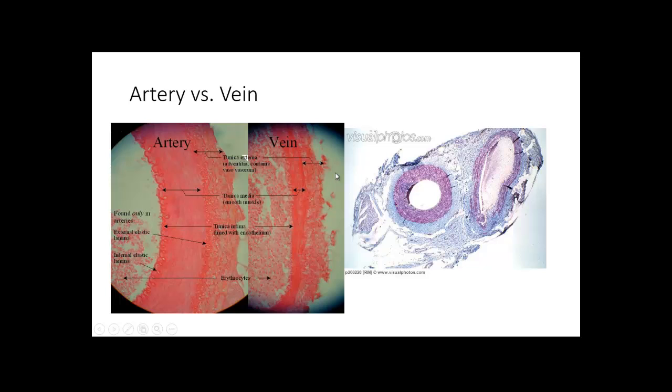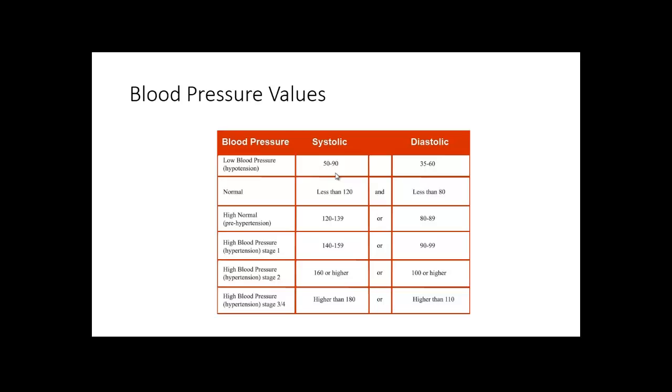So looking at blood pressure values, you should know these numbers. Low blood pressure would be anything that is 50 to 90 systolic and 35 to 60 diastolic, because a normal pressure is 120/80. So if we have a systolic pressure that is 90 or lower, that's considered low blood pressure. And high normal, which we call pre-hypertension, is 120 to 139 and 80 to 89. So oftentimes people have these higher values and they think, well, it's close enough to 120 over 80, I'm okay.